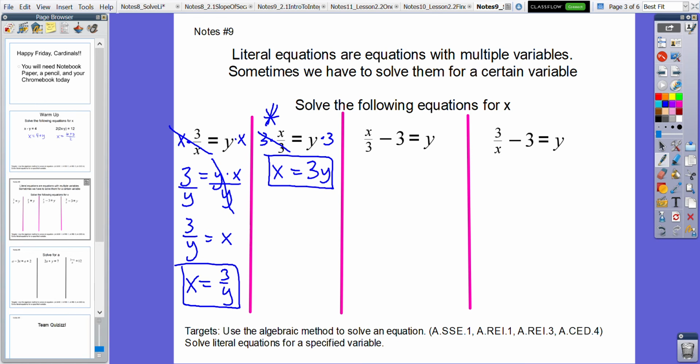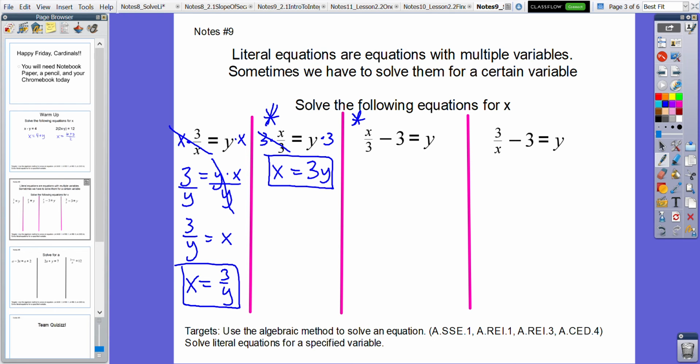Okay? So we want to be able to pick up on this pattern for more complicated problems, like we see in example 3 right here, which is x divided by 3 minus 3 is equal to y. For this one, just like any other example where we would have addition or subtraction, I want to make sure that there are no addition or subtraction signs left by using their opposite operations or inverse operations.